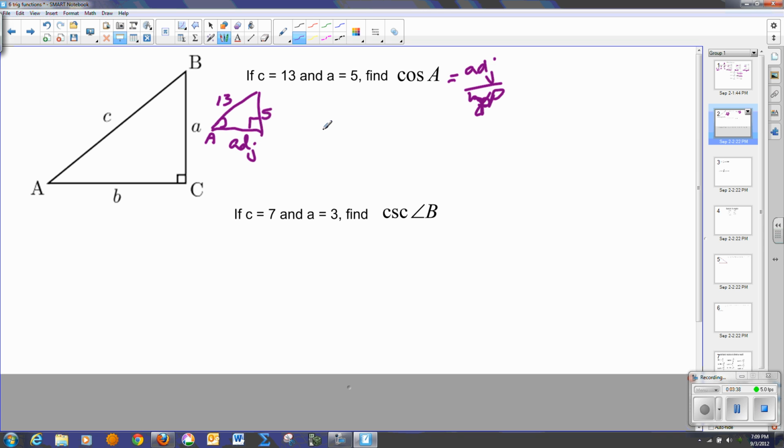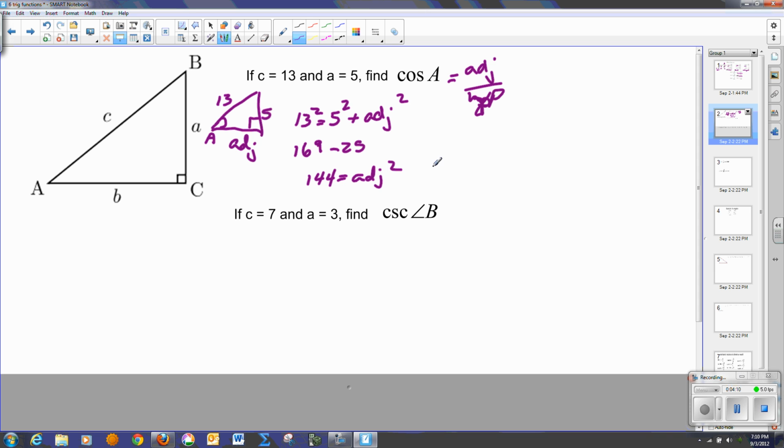So in this case, I want to use my Pythagorean theorem. I have 13 squared equals 5 squared plus the adjacent side squared. This is 169 minus 25, which is what, 144, and that's equal to the adjacent side squared.